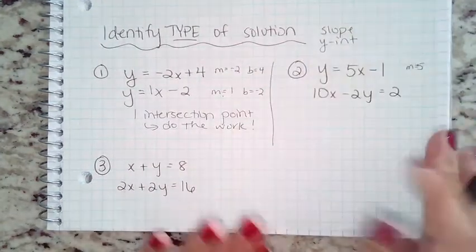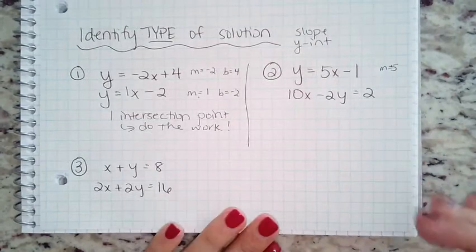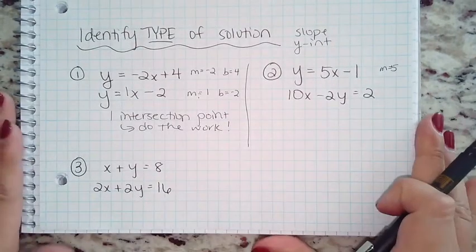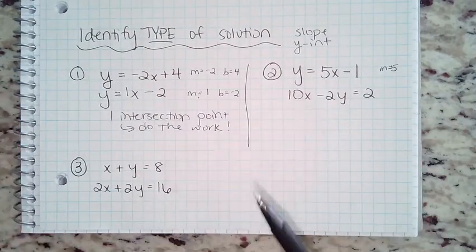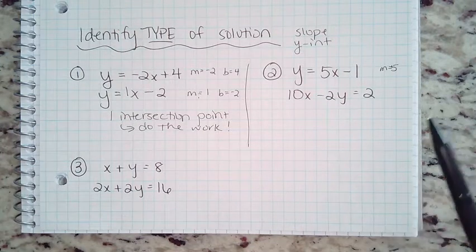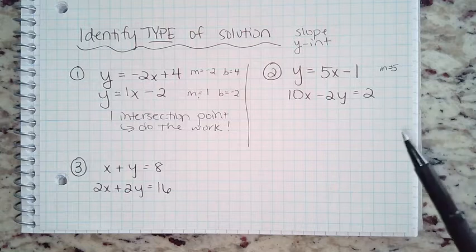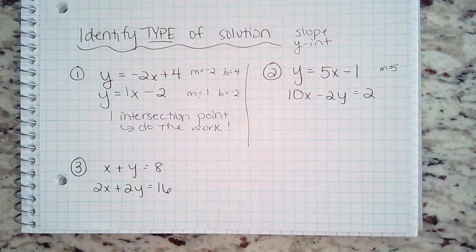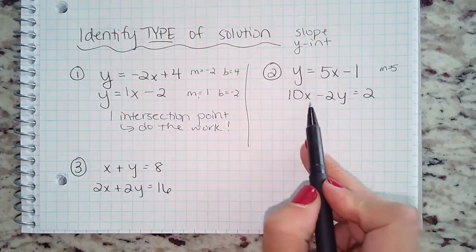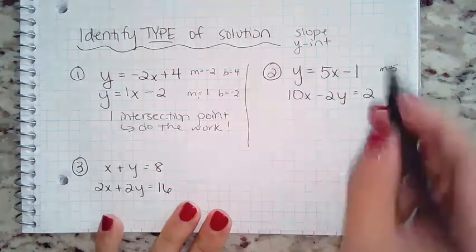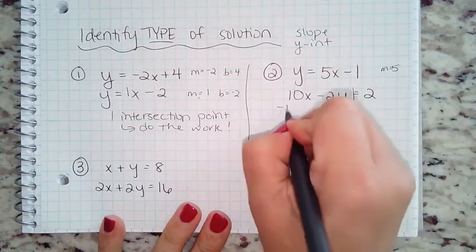What about number 2? Well, for this one, actually, if we think about it, really, it's number 2 and number 3. These are in different forms, and so it'd be nice to get them in the same form. So, well, this one's already in y-intercept form. Let's go ahead and change this one. So I'm going to get y by itself.